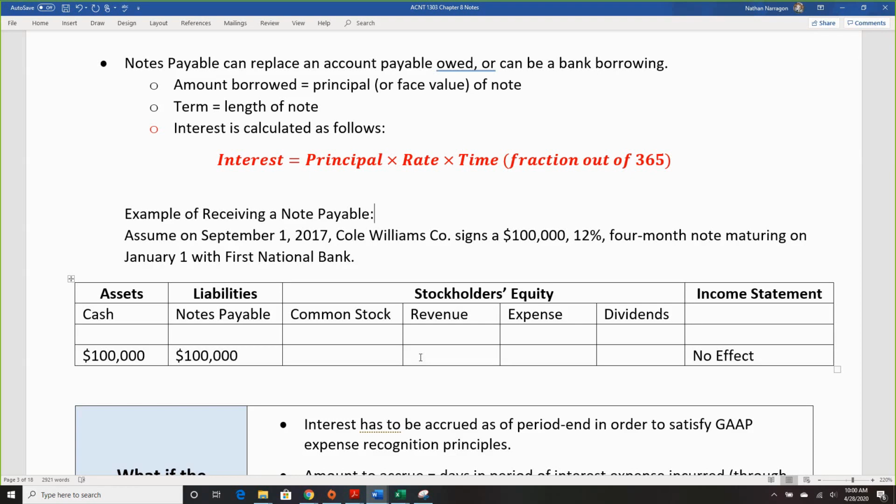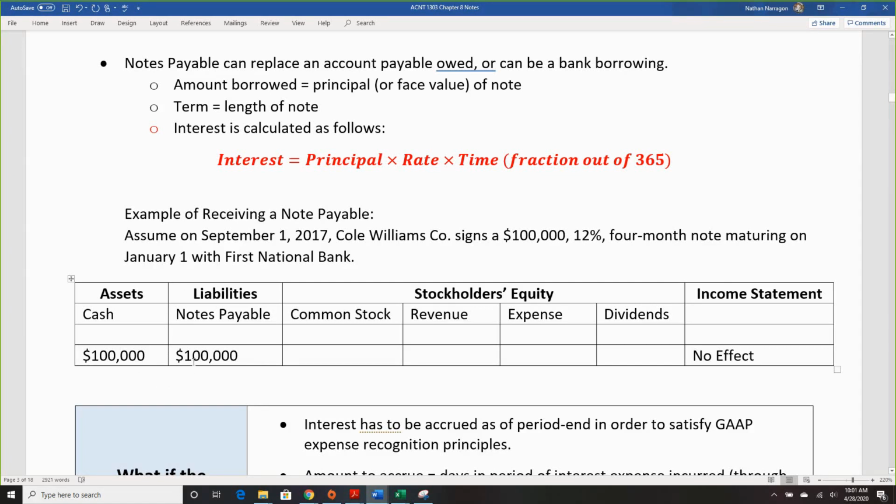So the first thing we have to do is recognize that note. In our tabular, when we recognize the note, it will be basically recognizing cash coming in. So we have our cash, and then recognizing the liability of notes payable.